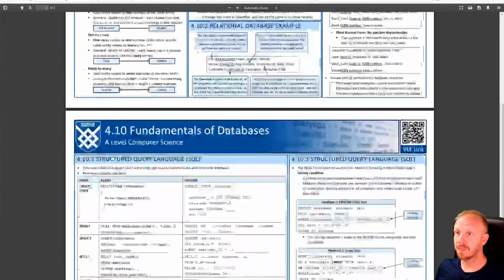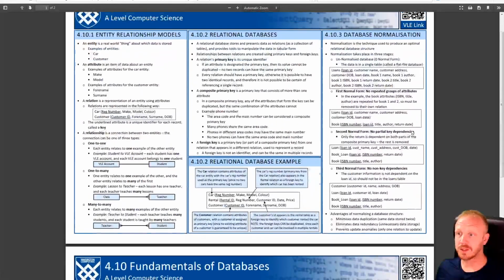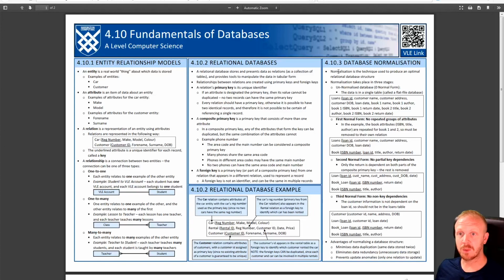If you're not sure about it, or if you need to look at that one again, in normalization, I've stepped through there explaining it. I've put what the advantages are: minimizes data duplication or repetition, eliminates data redundancies. Also, the mark scheme appears regularly, prevents data update anomalies.